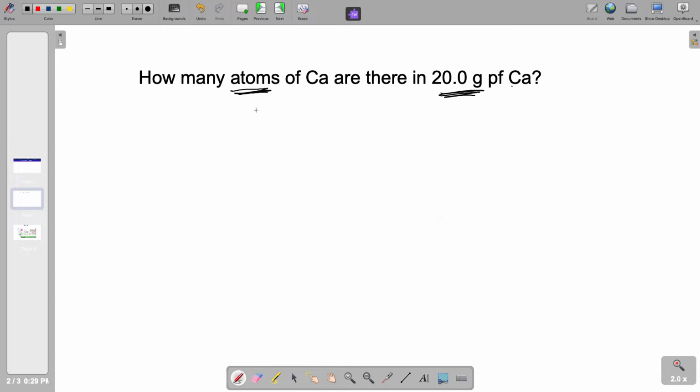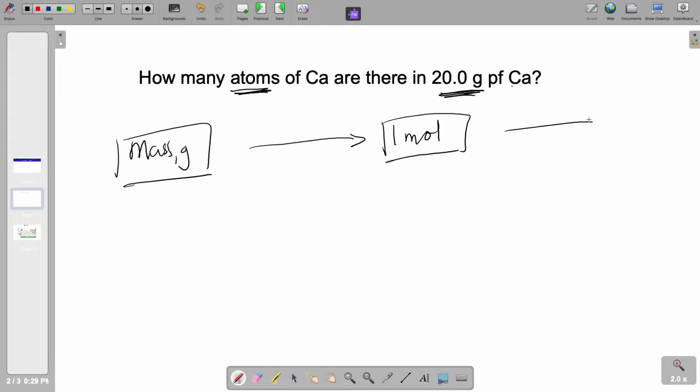So to do that, we have to recall our relationship. Remember the relationship between mass, mole, and particles? So I'm going to write that here. We have mass in grams connected to 1 mole, and 1 mole is connected to particles.